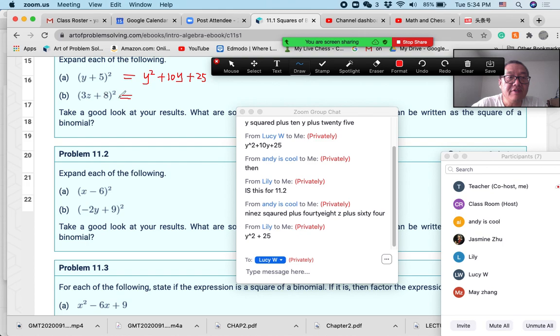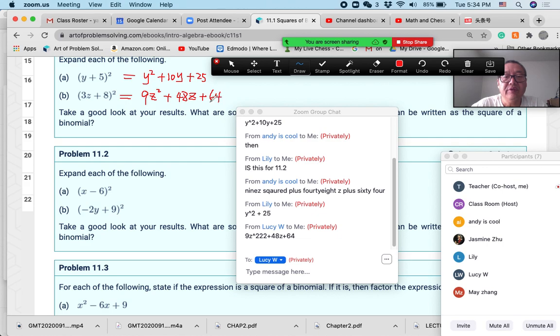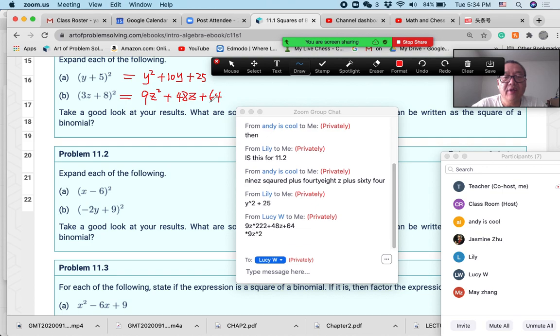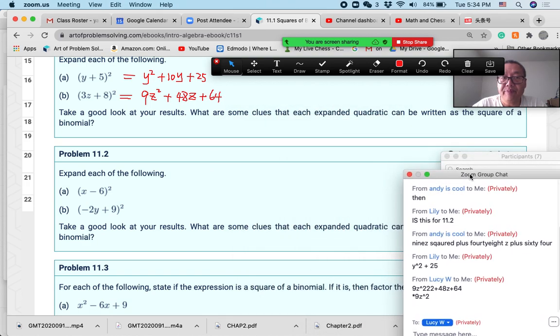So the correct answer for this B equals 9z squared plus 48z, then plus 64. Okay. Lucy, you have some typo there. Yeah, 9z squared plus 48z plus 64. Yeah, now that's correct. Okay.